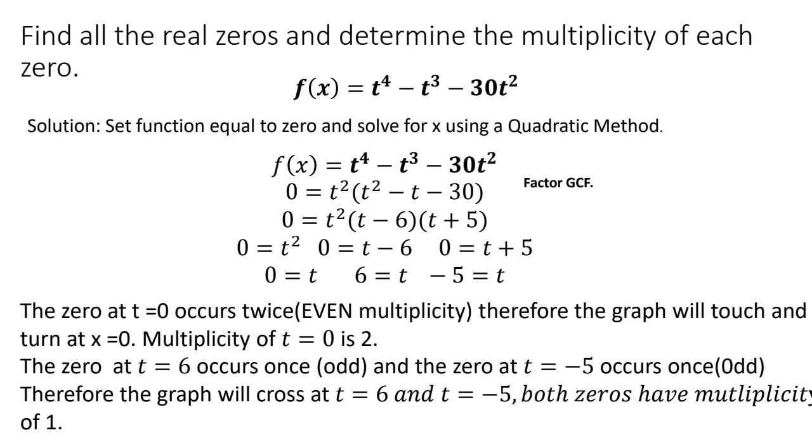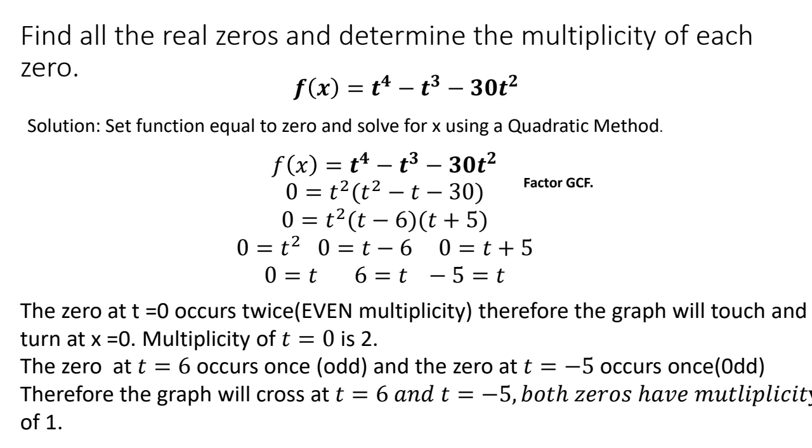This is an individual 0 because if I put 6 here, 6 minus 6 will give me 0, so that's 1. And this one here is another just 1. When t is equal to negative 5, negative 5 plus 5 is equal to 0. So again, the 0 here has two instances, so it's an even multiplicity, right?